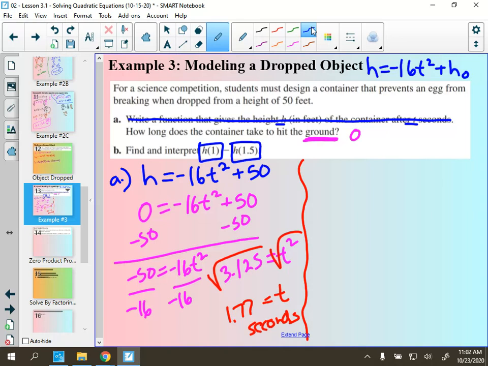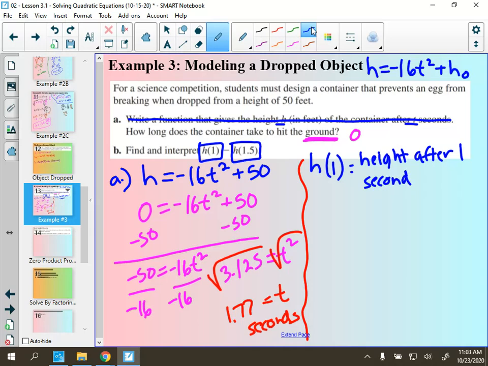So that's saying, I guess this first part, what does h of 1 mean? That means, what is the height after 1 second? So it's different.